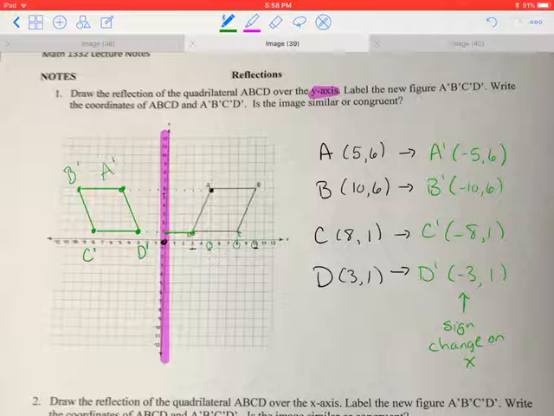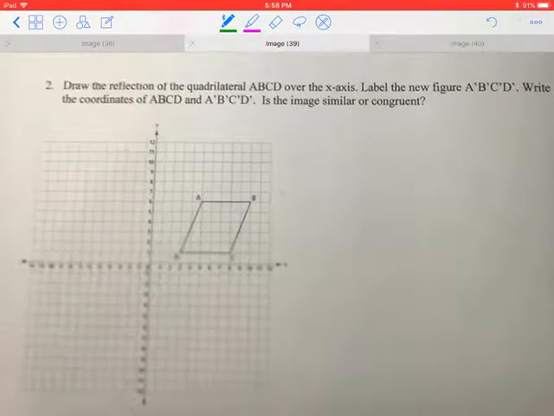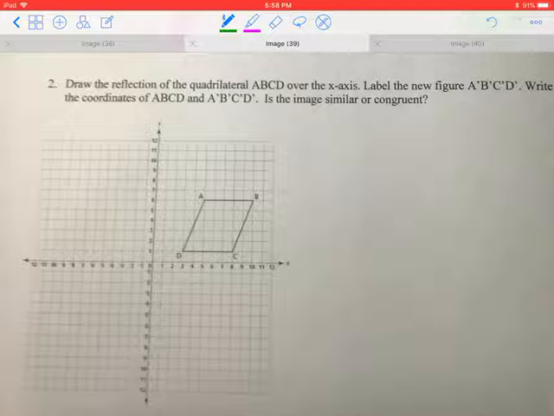So let's look at our next example. Okay, we're going to start with the same picture, but this time we're going to reflect over the x-axis. Okay, so we're going to go across this axis. All right, so if we start thinking about our points, this point C is only 1 away from my line, so I need to go 1 on the other side, and that'll be my C prime.